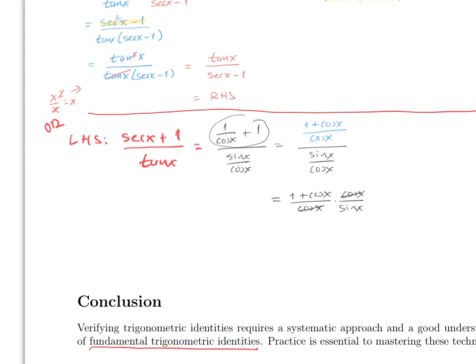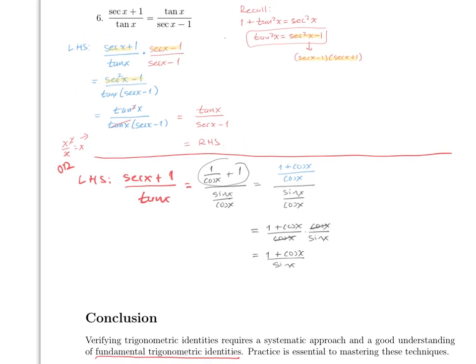Now this will cancel, and here you have 1 plus cosine x over sine x. As you can see, this still doesn't look anything close to this one. So from here, you're going to have to multiply by sine or cosine again. In this case, you have a lot of choices.